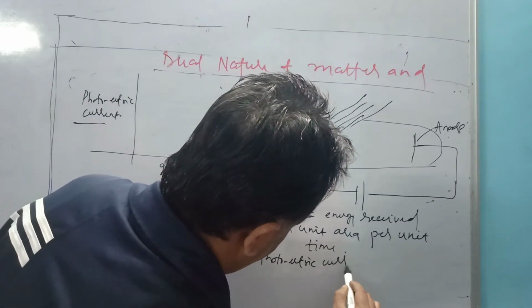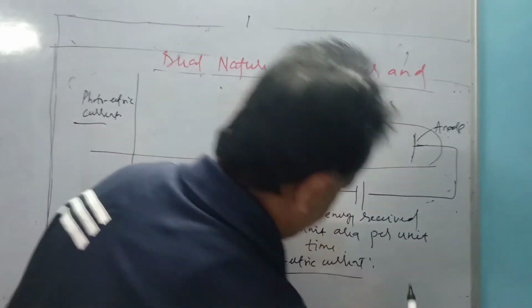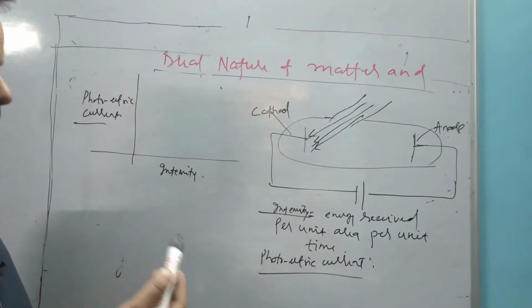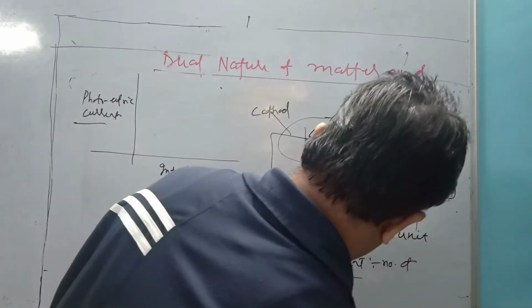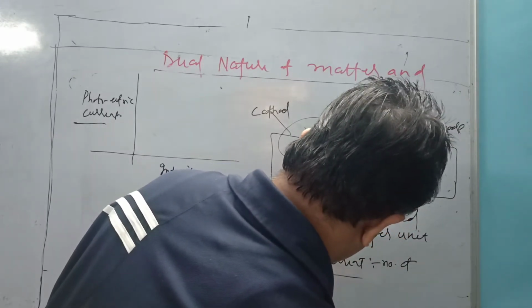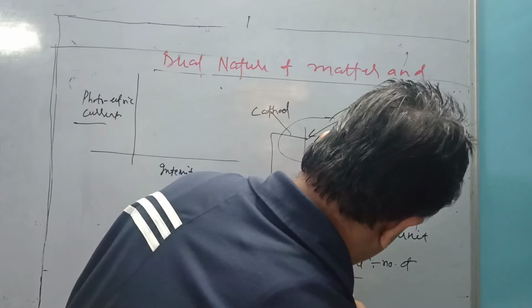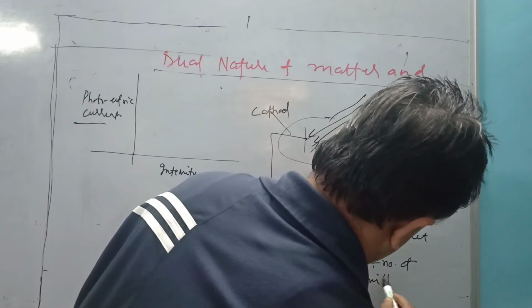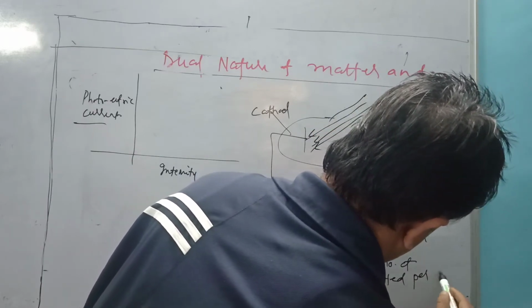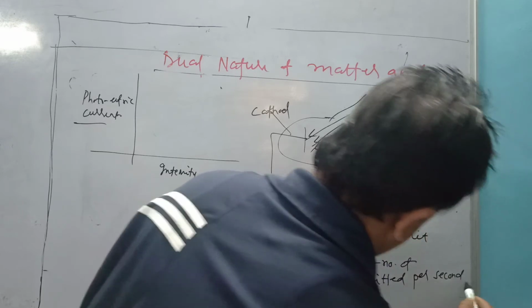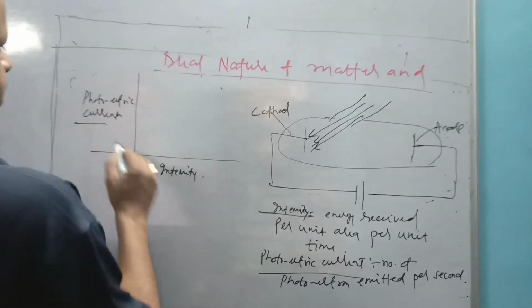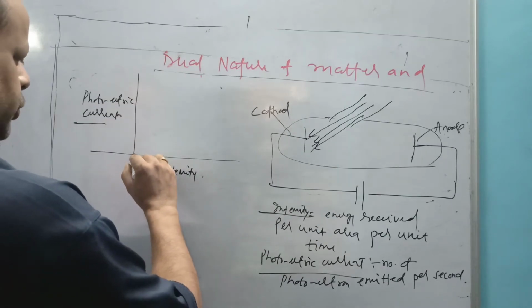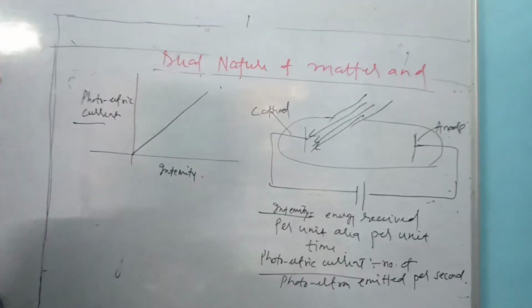Photoelectric current means number of photoelectrons emitted per second. It was found out that with the increase in the intensity, photoelectric current is directly proportional to it.